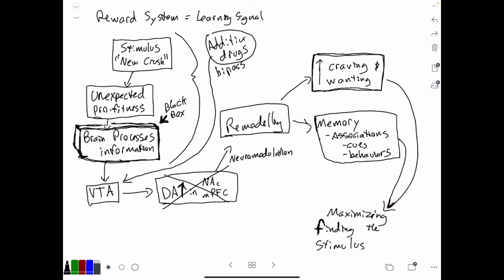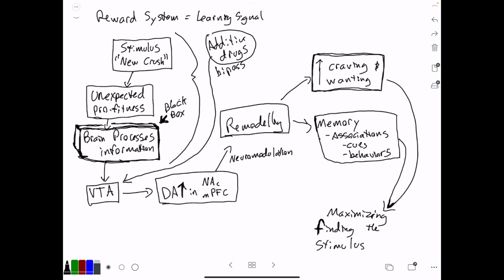And this is exactly what happens naturally with any new unexpected stimulus that is determined to be pro-fitness. Dopamine increases to maximize your chances of obtaining that stimulus again. And then once you do repeatedly over time successfully, and you know how to do it, that effect wears off. That craving and wanting wears off because you're no longer remodeling for it. It goes back to baseline.